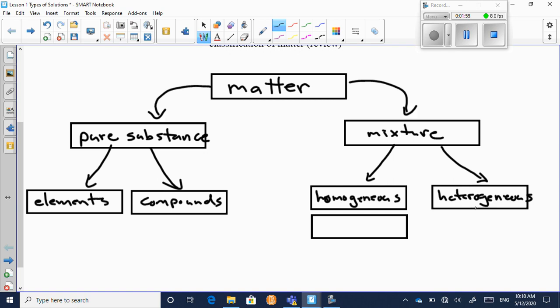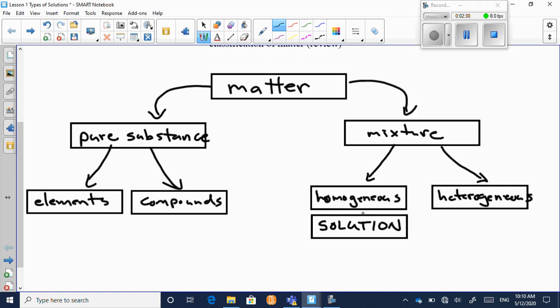So oftentimes they use an example of cereal, where you can see the milk and the pieces of cereal. And then homogeneous, the example we use there, where we know there are different particles present, but you can't see them, like apple juice. And the other word for a homogeneous mixture was a solution.